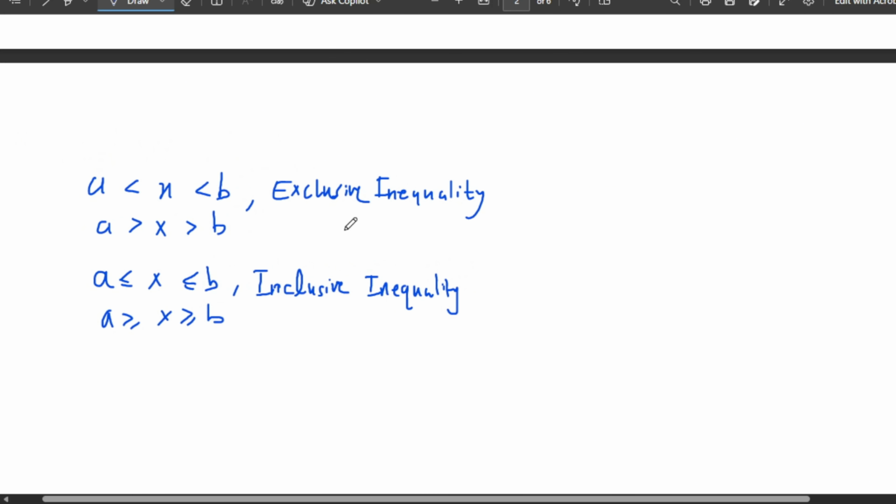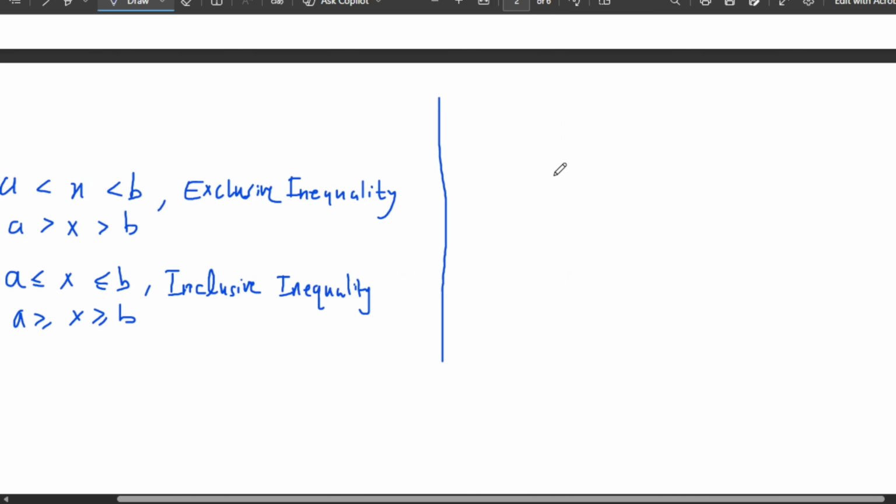Okay, so let me introduce you to the number line, the real number line. The number line consists of every number: 0, -1, 1, 2, -2, and so on, negative infinity and positive infinity.